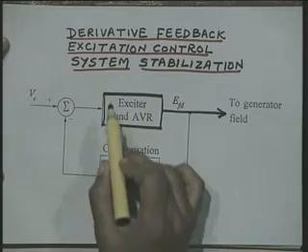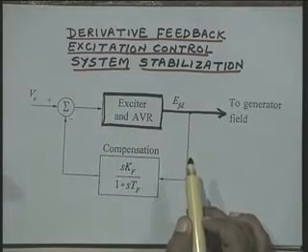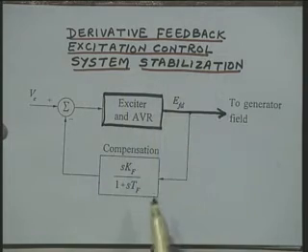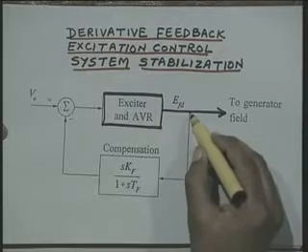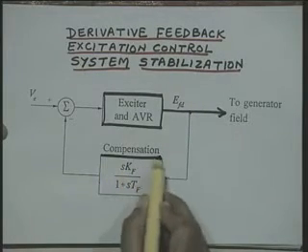Then, in order to have stable performance of this exciter and AVR, the simplest stabilization circuit used is derivative feedback, and this derivative feedback is achieved through this transfer function.